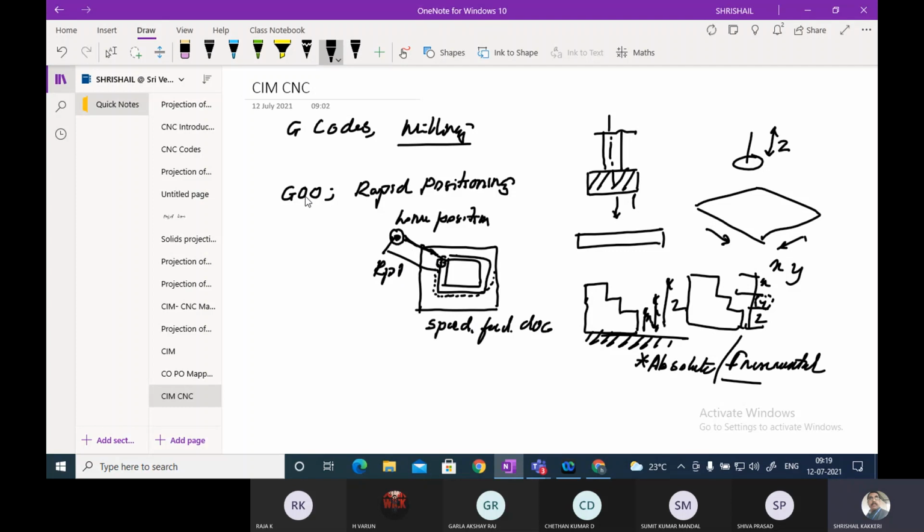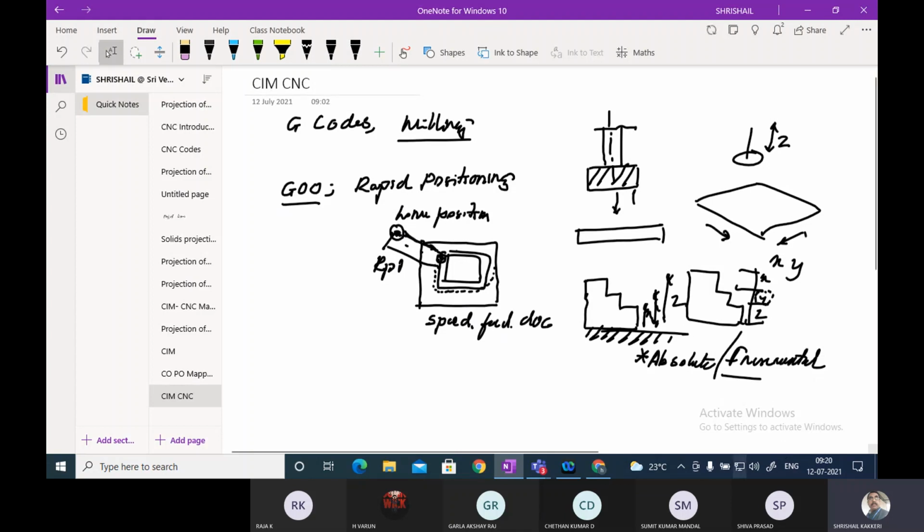This is the main idea of using G00: it comes from the home position to the required position, that means the position to start the cutting. To come to that point, it has to travel at very high speed. That is called rapid positioning.